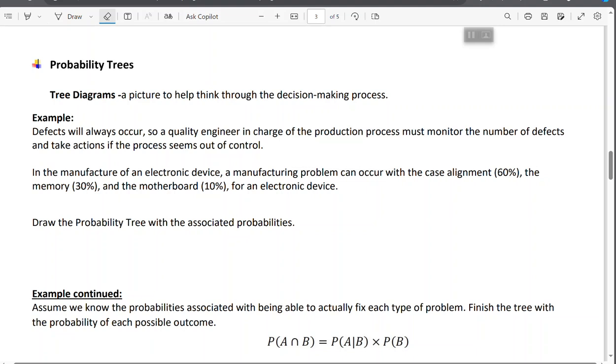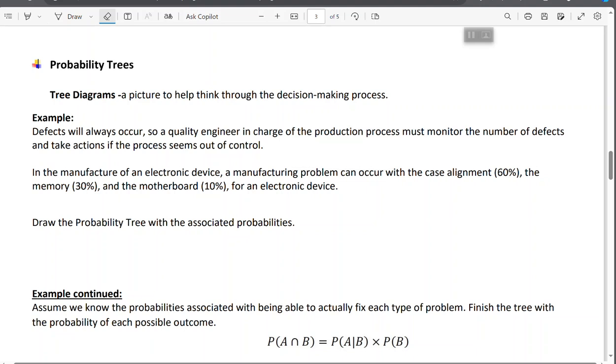So we have the general multiplication rule for the probability of A and B. But in the special case that the two events are totally independent of each other, then we can simply multiply the probability of A with the probability of B to calculate the probability of A and B. The same thing for the addition rule, right? So we still have the general addition rule for the probability of A or B.